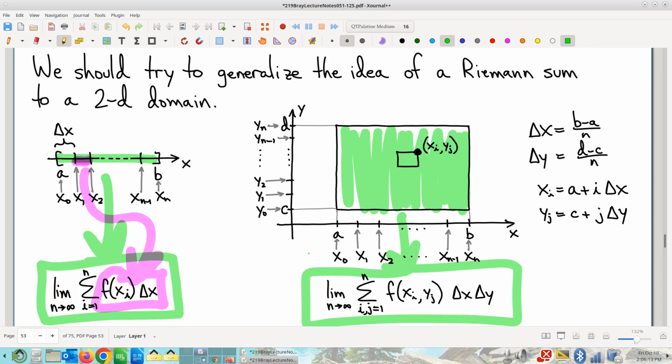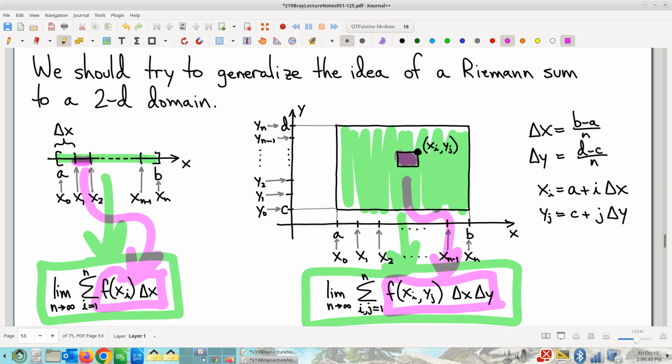If I chop up that area into pieces and answer the question on each little piece, right, keeping in mind that this is a piece of area, and so we're going to be multiplying something times area. Usually a density. Usually stuff per unit area is what you're going to want to multiply by area. Just like over here, it's usually stuff per unit length that you want to multiply by length.